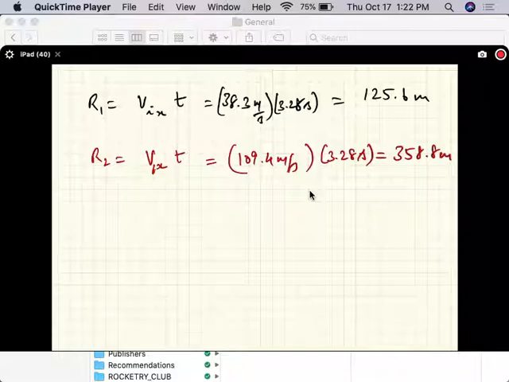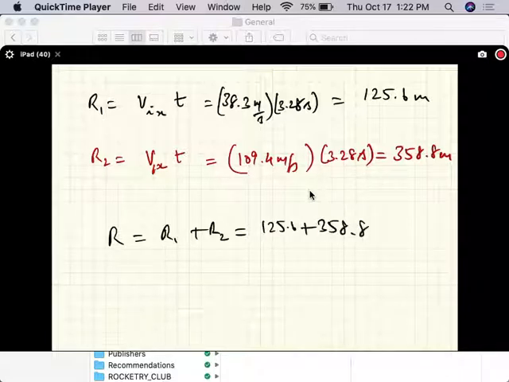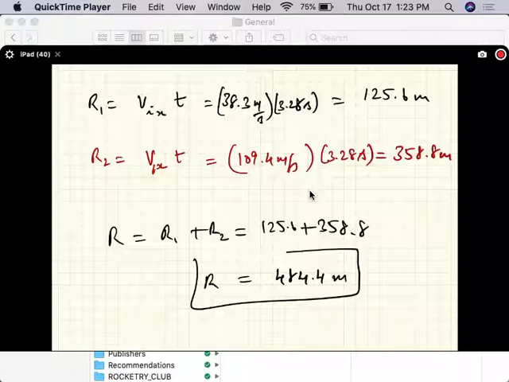So the total distance traveled is half a kilometer away.